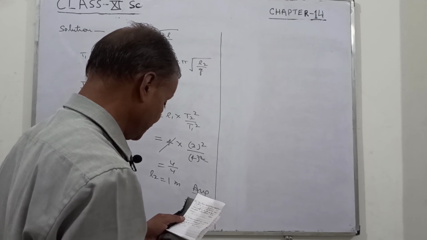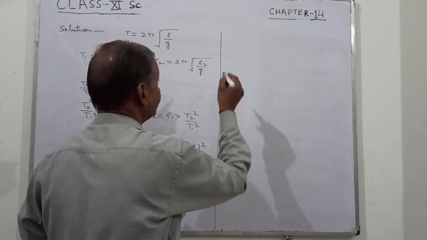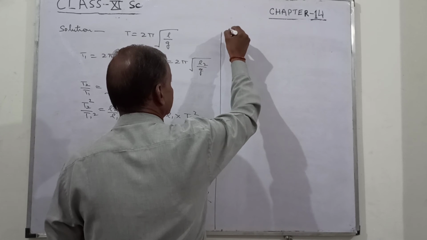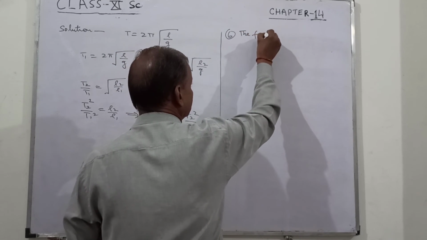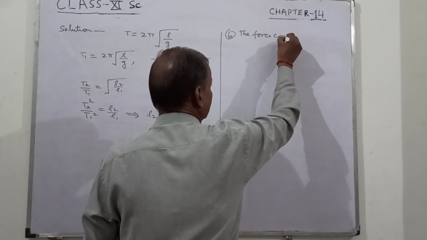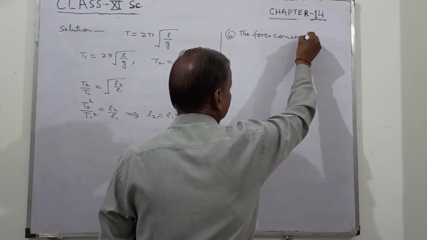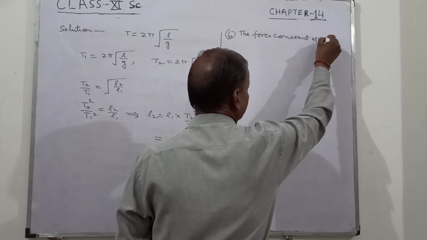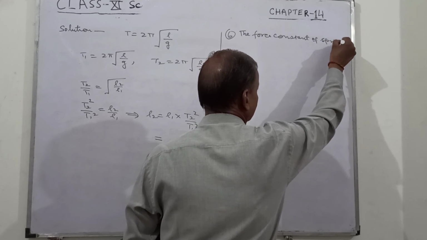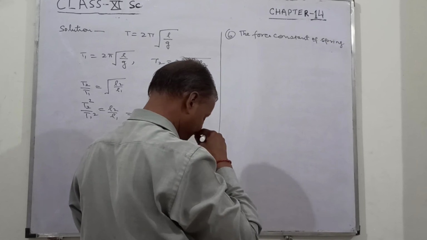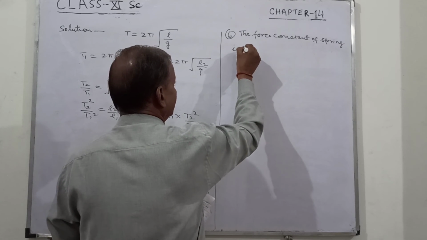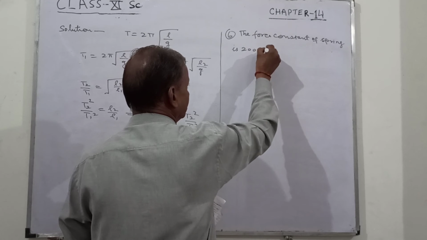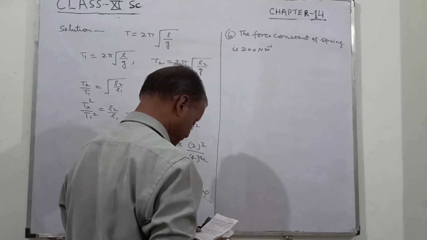Question 6. The force constant of spring is 200 Newton per meter.